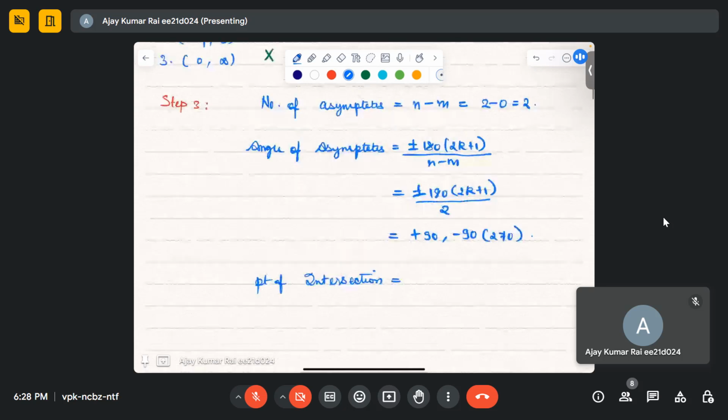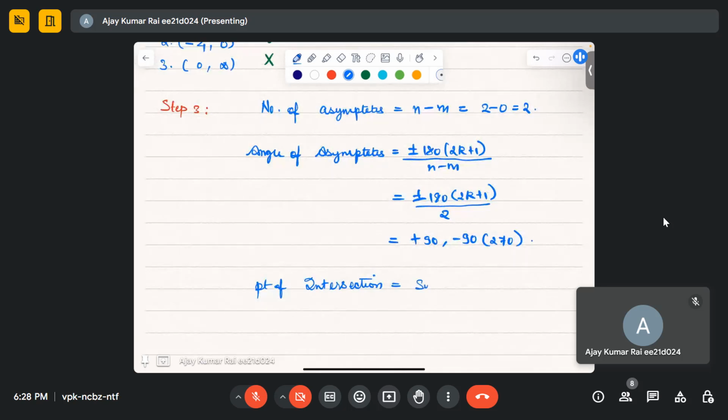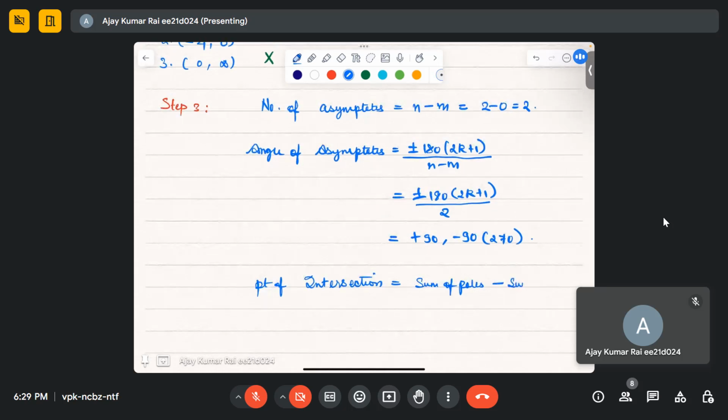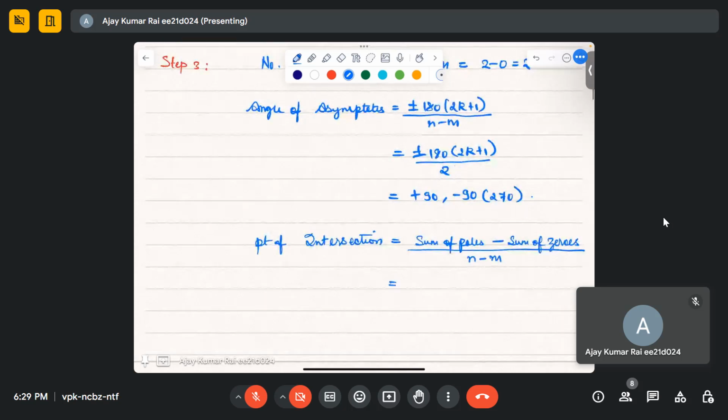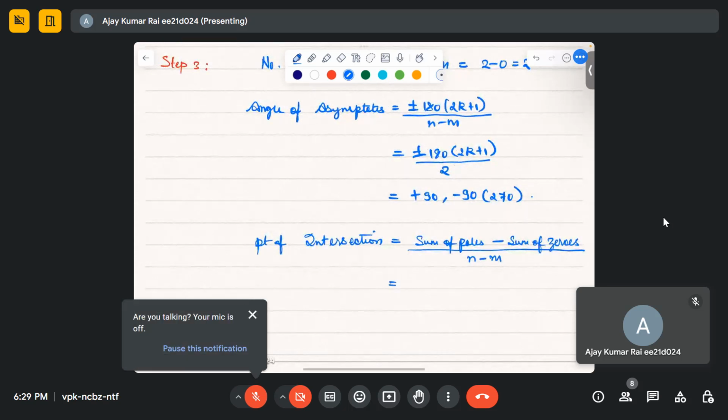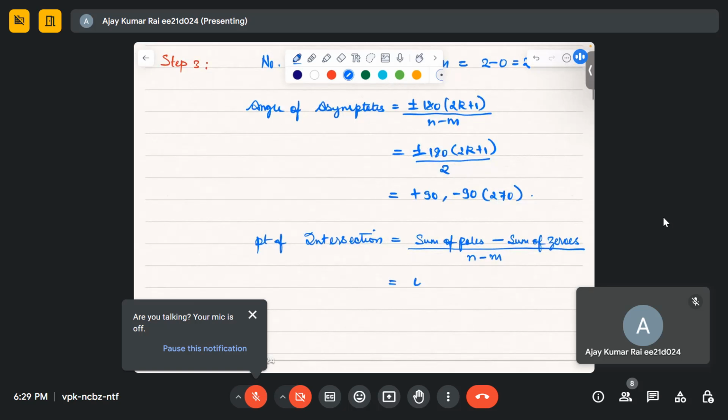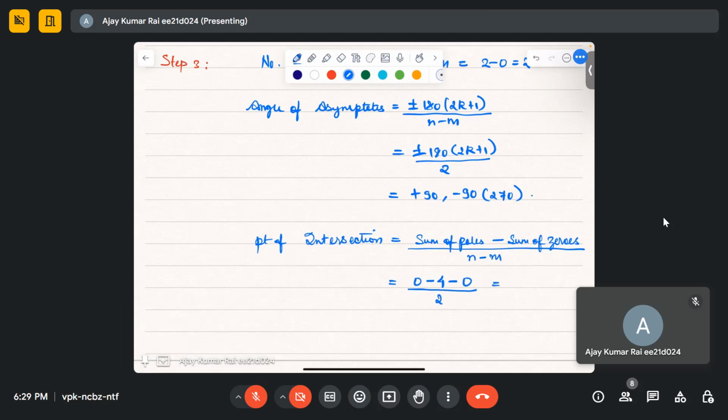Sum of poles, when I say poles, it is open loop poles, minus sum of zeros, these are open loop zeros, divided by n minus m. The number of poles is 2, lying at 0 and -4. The number of zeros is 0, and n minus m is 2. So minus 4 by 2 is minus 2.